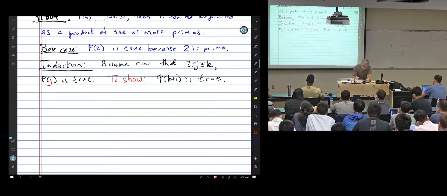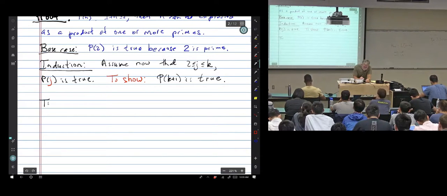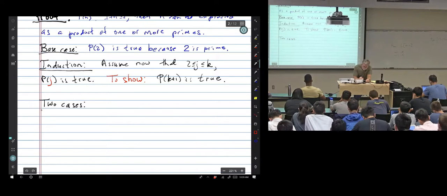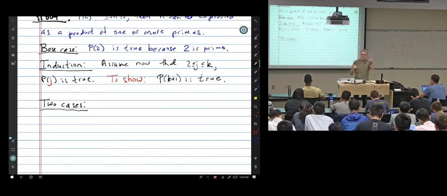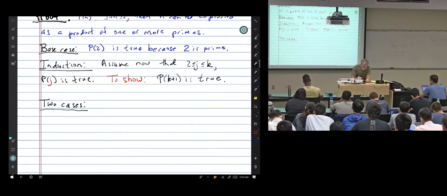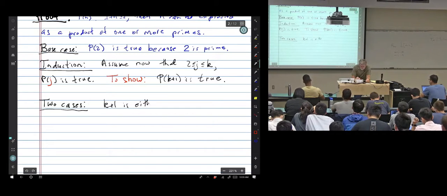So we have 2 cases here to show this. This is now proof by exhaustion, we enumerate all the cases, but there's only two, so it's not very exhausting. K plus 1 is either prime or composite.